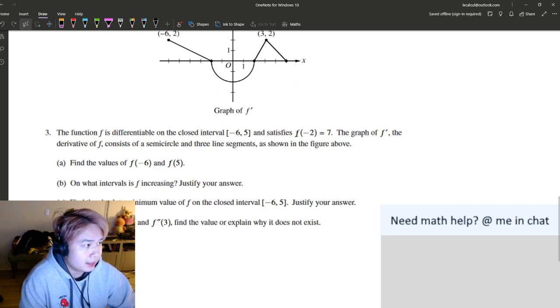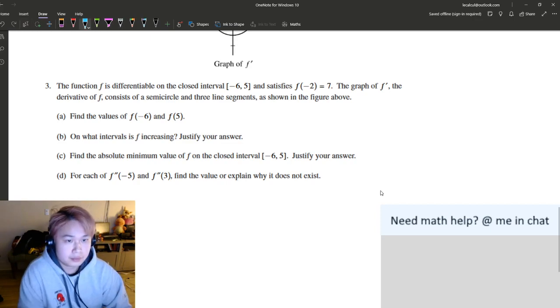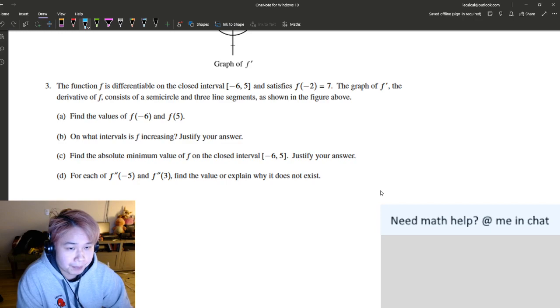And we know that f of negative 2 is 7. And then this is a semicircle. Okay, find the values of f of negative 6 and f of 5. So essentially, this is similar to a question in another paper we did, but we're going to use the fundamental theorem of calculus.